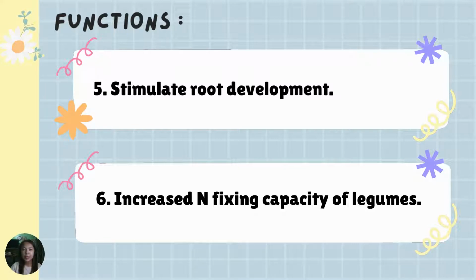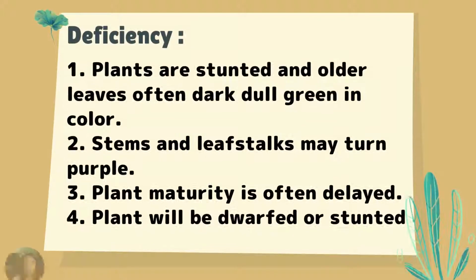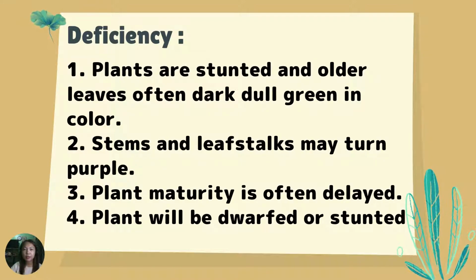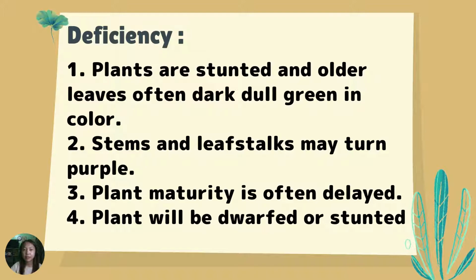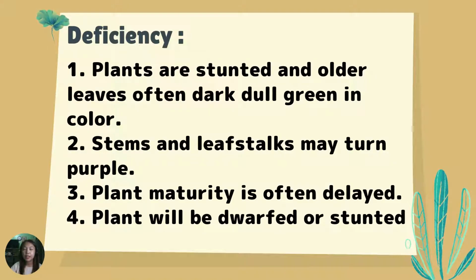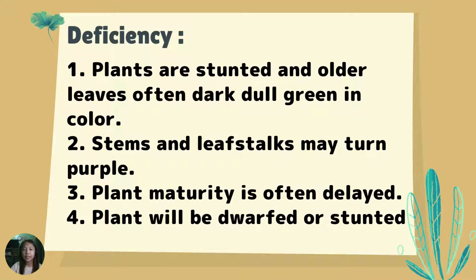So one of the main functions of phosphorus is to provide strength for plant growth, particularly in the development of roots. The deficiency symptoms are as follows. Plants are stunted and older leaves are often dull green in color. Stems and leaf stalks may turn purple. Plant maturity is often delayed.